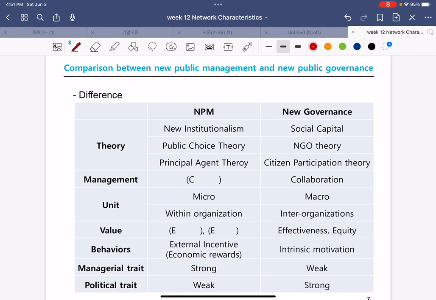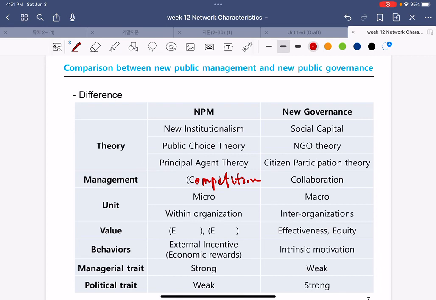But in NPM, it is competition, right? To make good outcomes, the different actors need to compete. However, in new governance, to produce good outcomes, different actors need to collaborate.